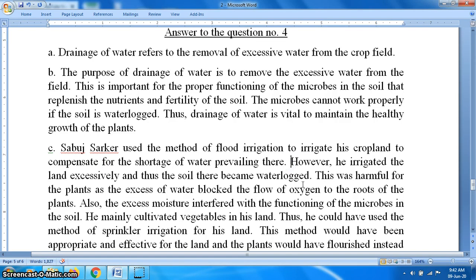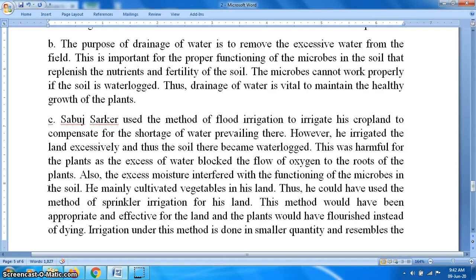However, he irrigated the land excessively, and thus the soil there became waterlogged. This was harmful for the plants as the excess water blocked the flow of oxygen to the roots of the plants.